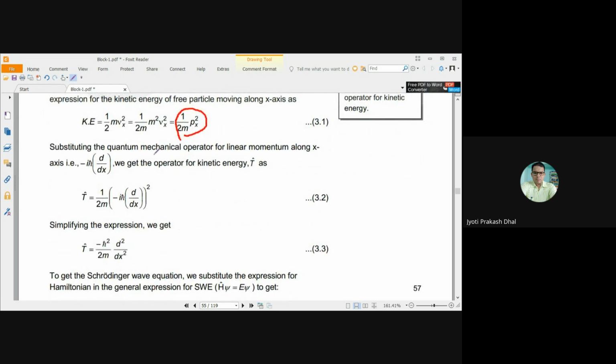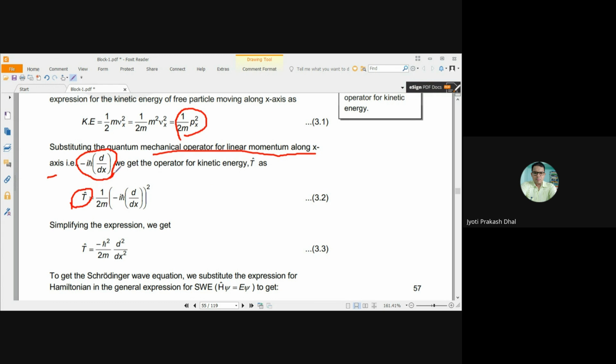Now substituting the quantum mechanical operator for linear momentum along the x-axis. According to the postulate of quantum mechanics, the quantum mechanical operator for the linear momentum along the x-axis will be minus i h cross d by dx. So the kinetic energy operator T cap equals 1 by 2m px square.